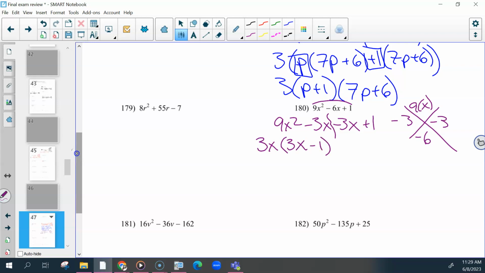Look for the GCF of the second two. In this case, 1 would work, but it would have to be negative. So then we have 3x minus 1 and 3x minus 1, or 3x minus 1 squared.